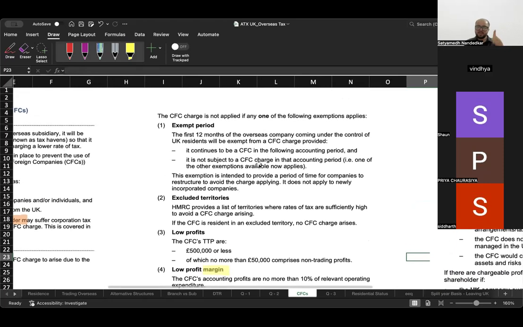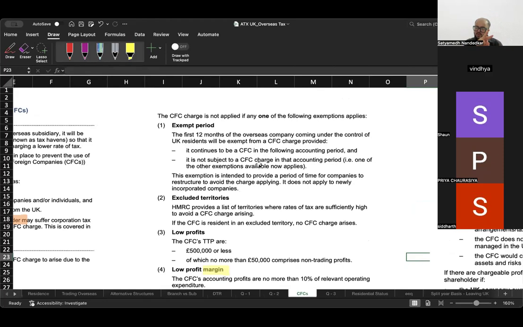After this comes the exempt period condition. The first 12 months of the overseas company coming under the control of UK residents will be exempt from a CFC charge provided it continues to be a CFC in the following accounting period. Okay. So there are certain investors in the UK, they acquire control of an overseas company.